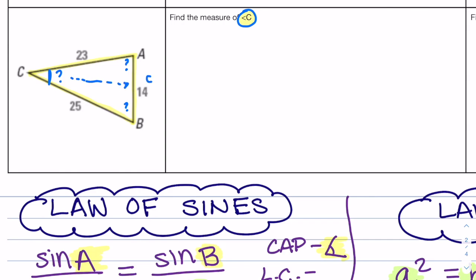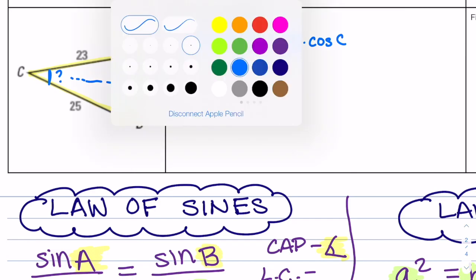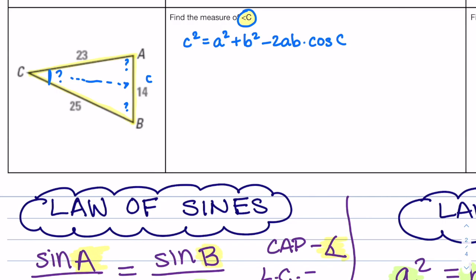So our formula is going to be c squared is equal to a squared plus b squared minus 2ab cosine C. Okay, so let's plug in everything that we know. Across from big A is little a, across from big B is little b.